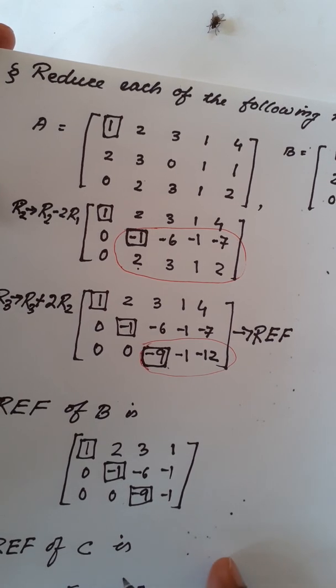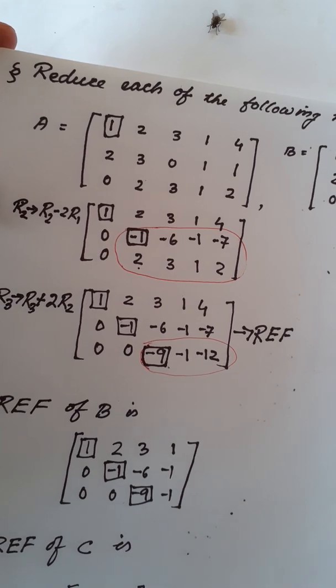So it is 1, 0, 0 here, then 2, minus 1, 0. So this is the row echelon form of C.